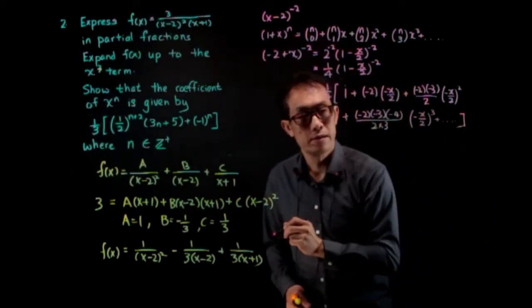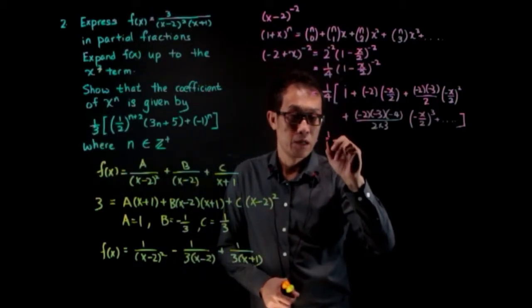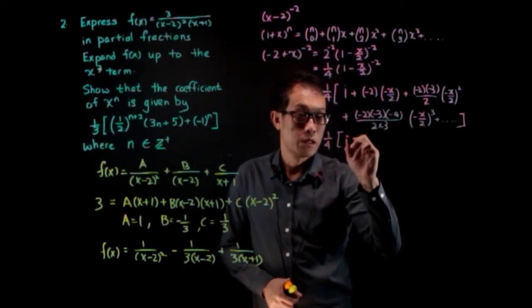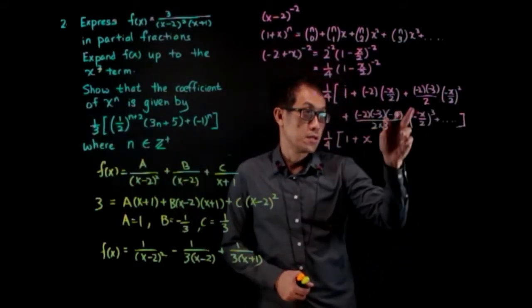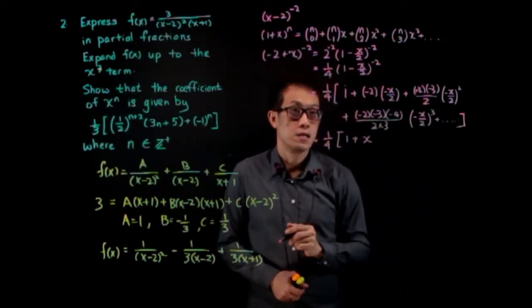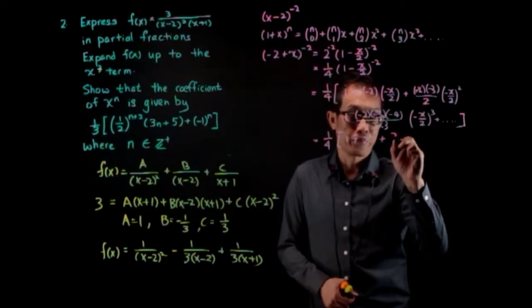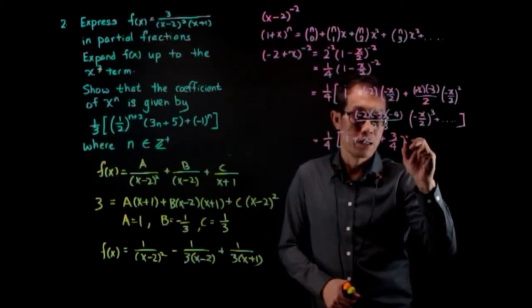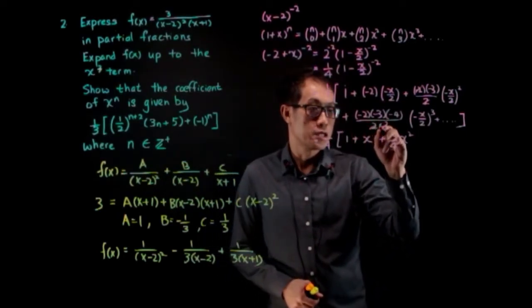Close bracket. Now we can simplify this. You have a quarter, 1 plus x. This is also plus, this and this can cancel. You have 3 over 4 x squared. Now this is also plus, so this and this can cancel.